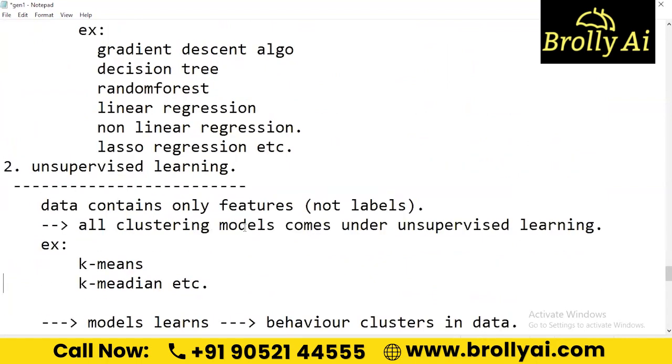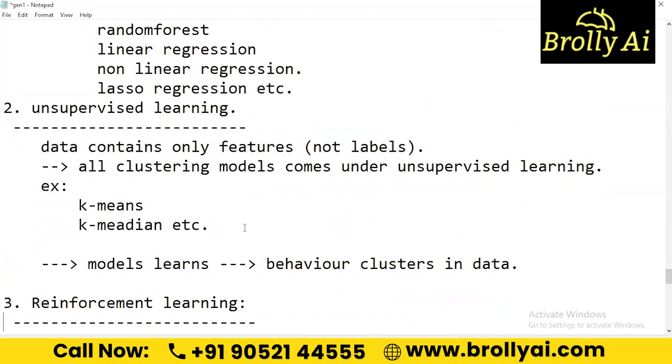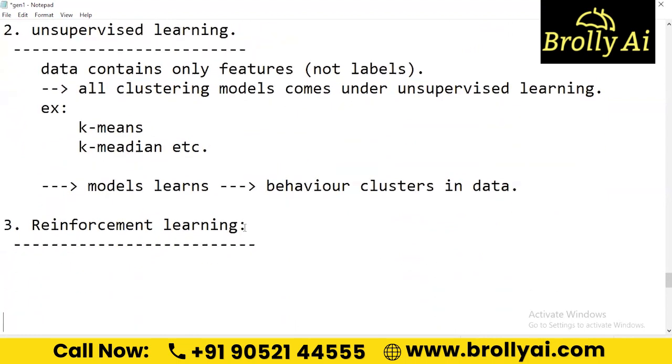In unsupervised learning the model learns behavioral clusters, that means central behaviors are identified. And in reinforcement learning, a different technology we will use, like tomorrow's entire session, I will list them.